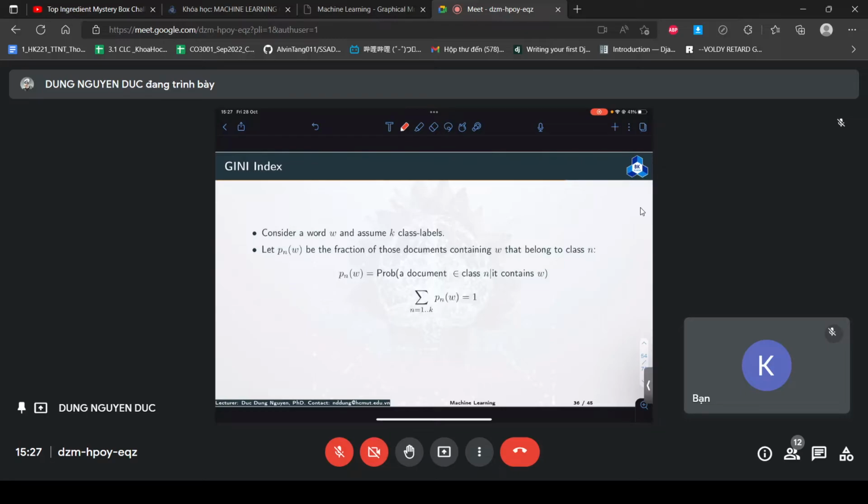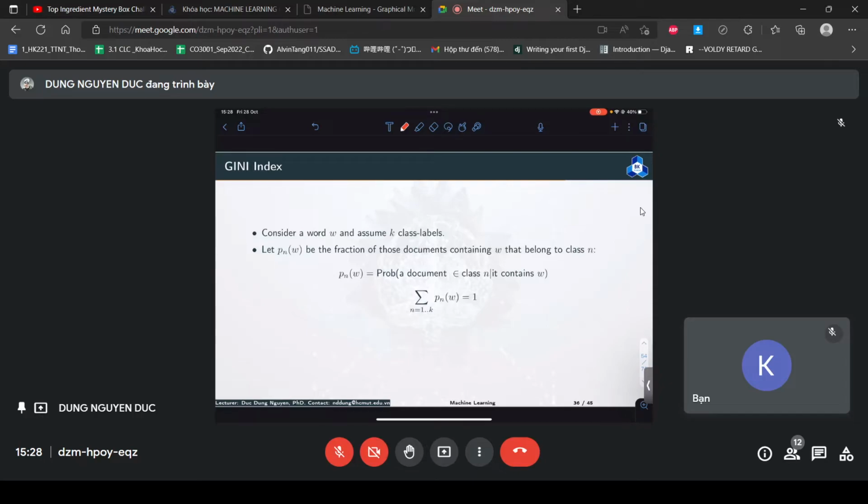Now we obviously have the constraint that the sum of p_n(W) over every class n should be 1, right? So now what you are saying is very important. If the word W appears a lot in one class and not quite often in other classes, then we are saying that word has a strong discriminant power.